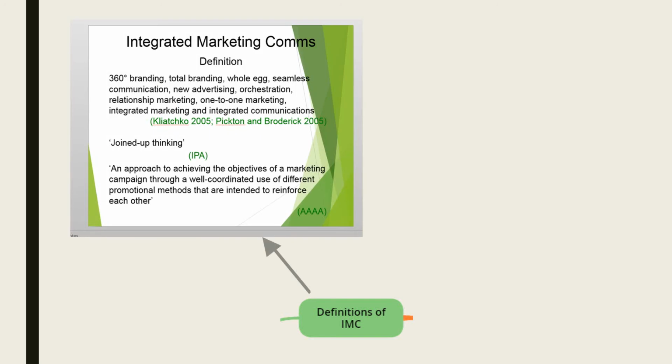We've got some definitions here: 360-degree branding, whole egg, seamless, and so on. Joined up thinking, an approach to achieving the objectives of a marketing campaign through a well-coordinated use of different promotional methods, etc.